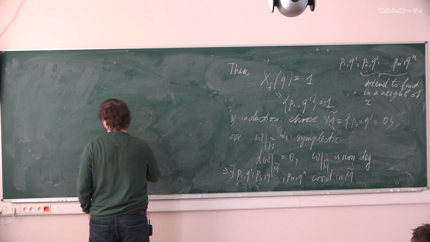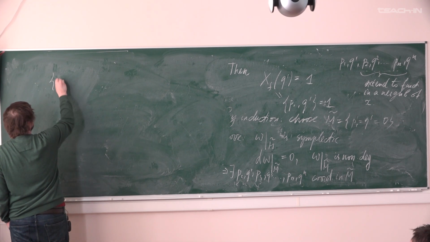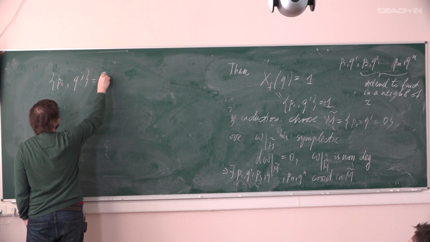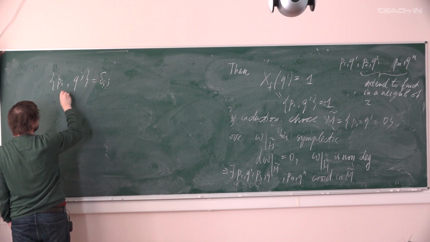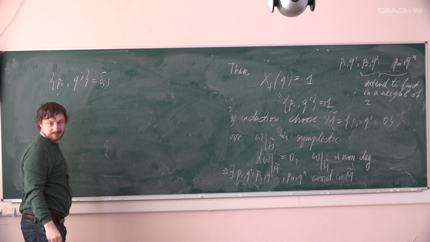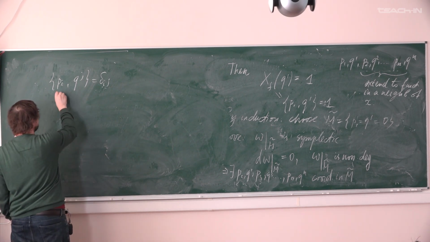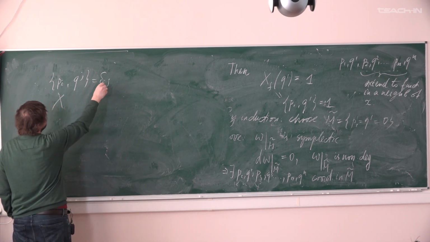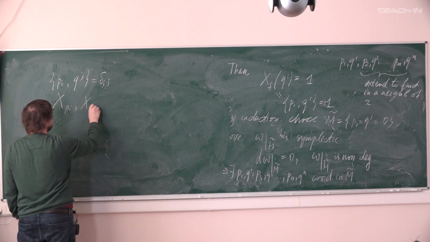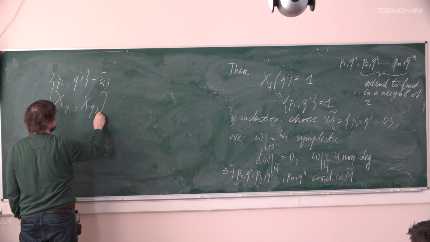Here we use the fact that {p_i, q_j} is equal to delta_ij, and hence all the vector fields, actually all the vector fields X_{p_i}, X_{q_j}, will commute.